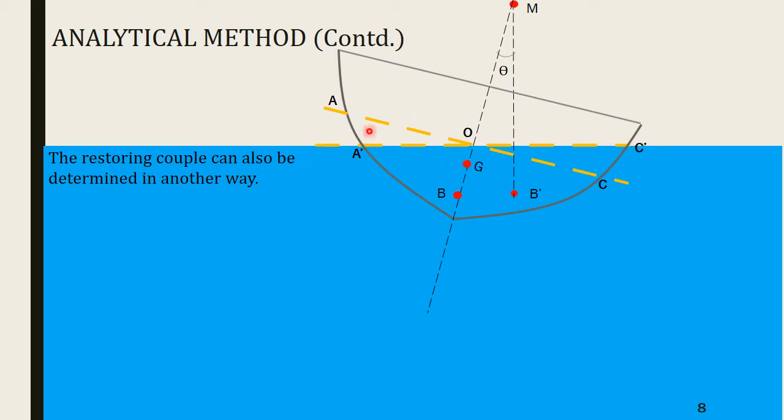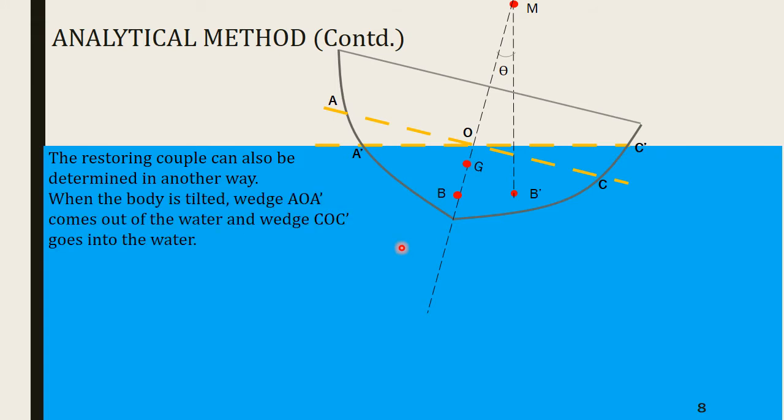When the boat is given a tilt, wedge AOA dash comes out of the water and wedge COC dash goes into the water.